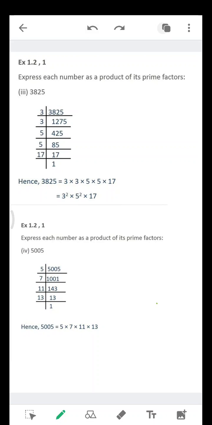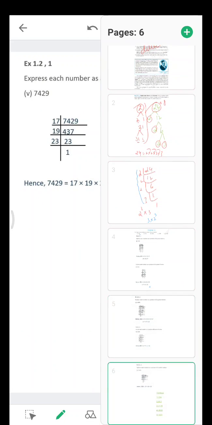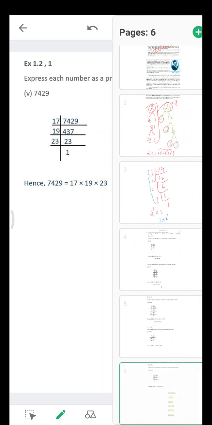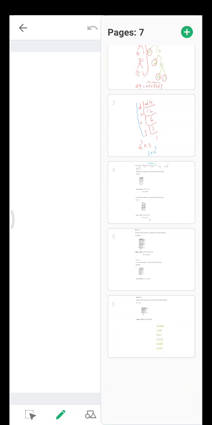Then I have given you some questions here to try. Try these questions, find the prime factors of all of these and send it to me. And what are the prime numbers? Just for your reference I am giving you the primes.